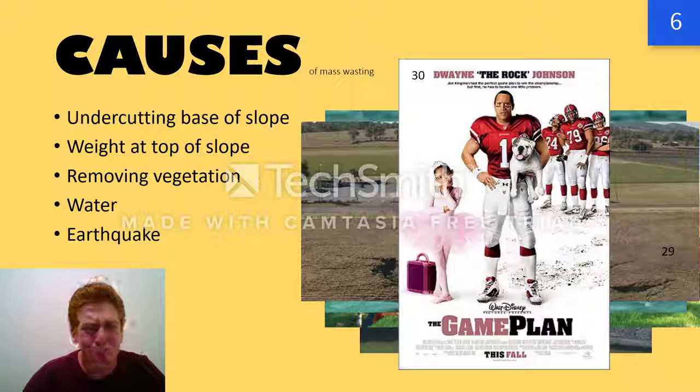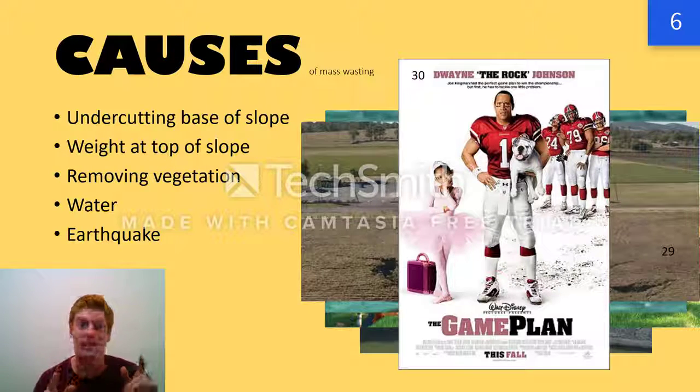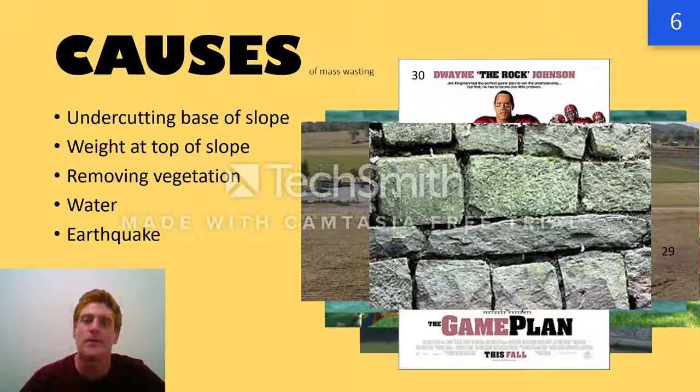Excuse me, but what happens in football? People block. What are blocks made of? Exactly. Rock. This all just can't be a coincidence. I hypothesize Dwayne Douglas "The Rock" Johnson is the cause of mass wasting.